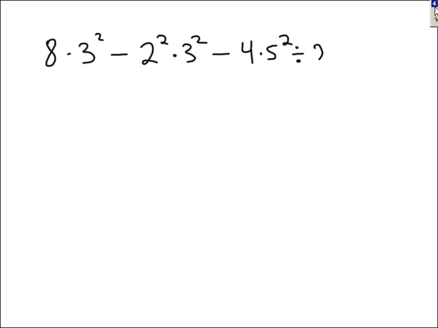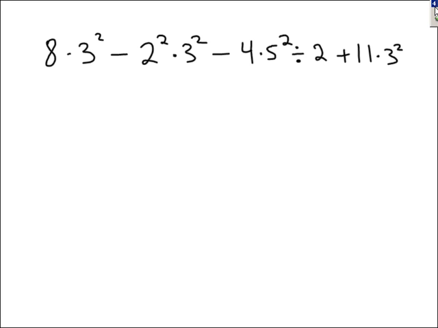If you have 8 times 3 squared minus 2 squared times 3 squared minus 4 times 5 squared divided by 2 plus 11 times 3 squared.